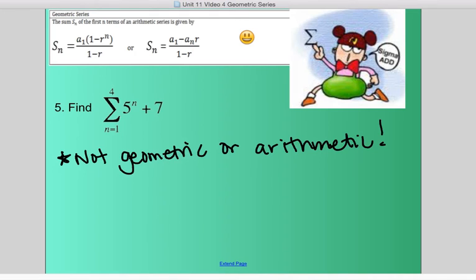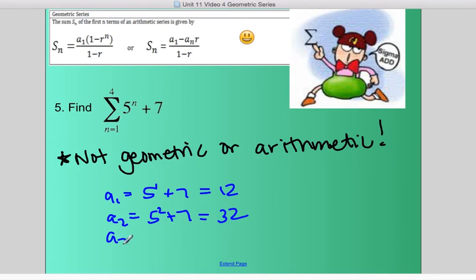So I would find a sub 1. It's 5 to the first plus 7, so that one is 12. A sub 2 is 5 to the second plus 7, so it's 25 plus 7, so 32. A sub 3 is 5 to the third plus 7, so 125 plus 7, so 132.